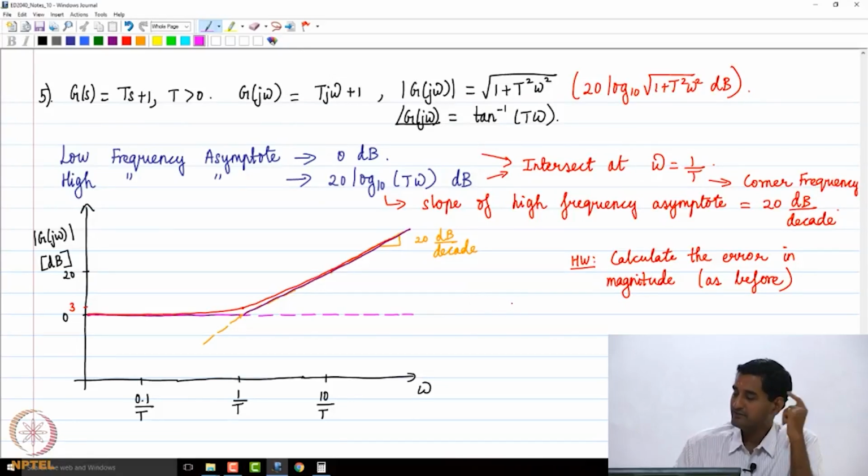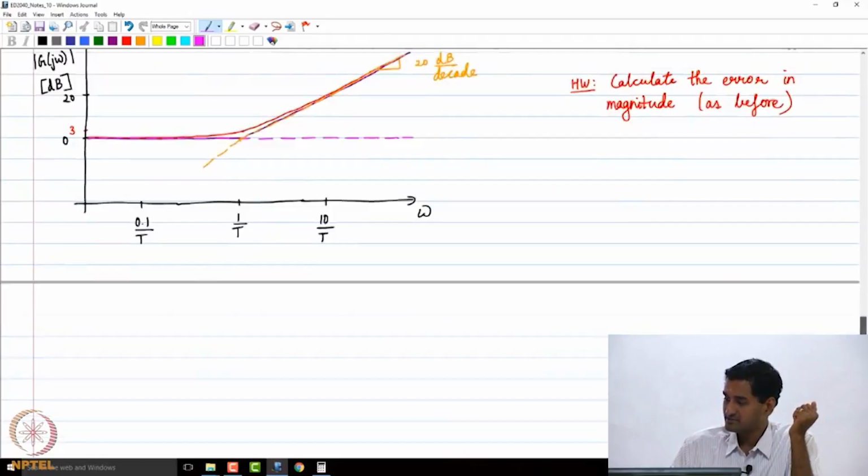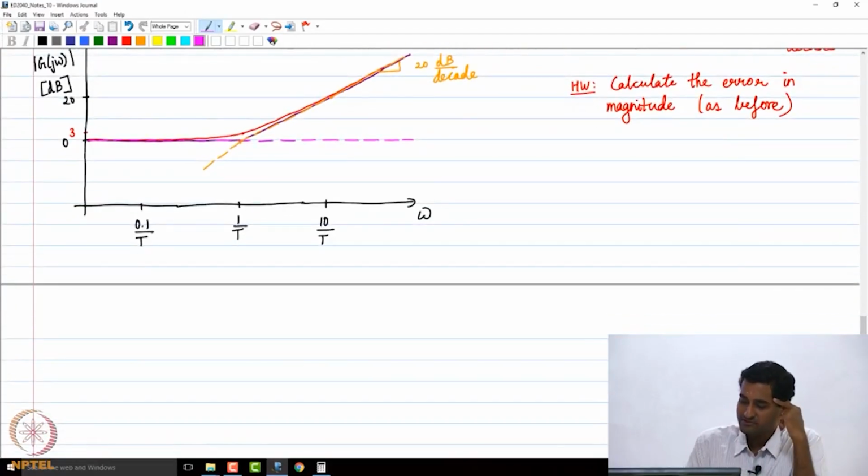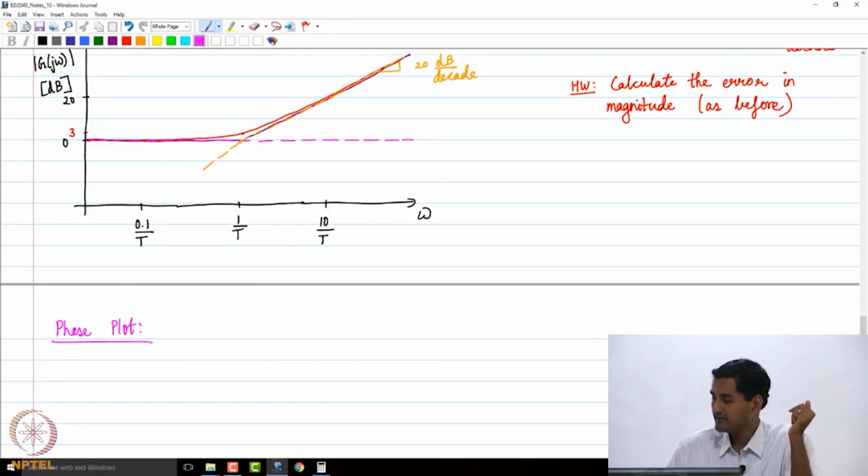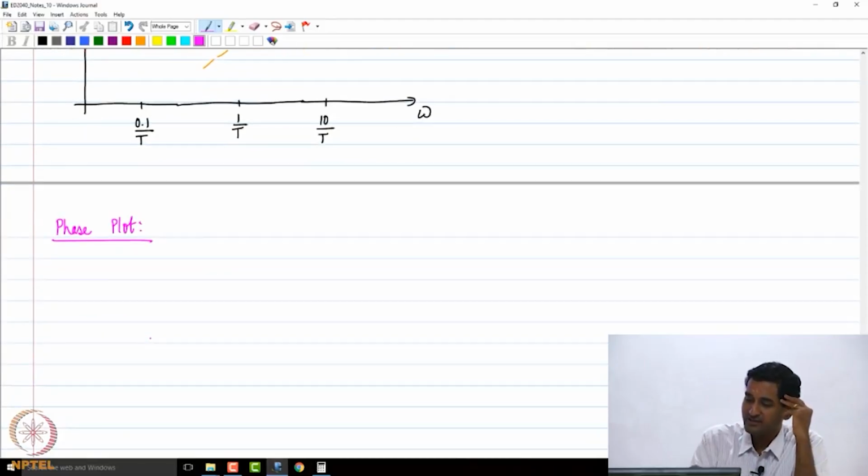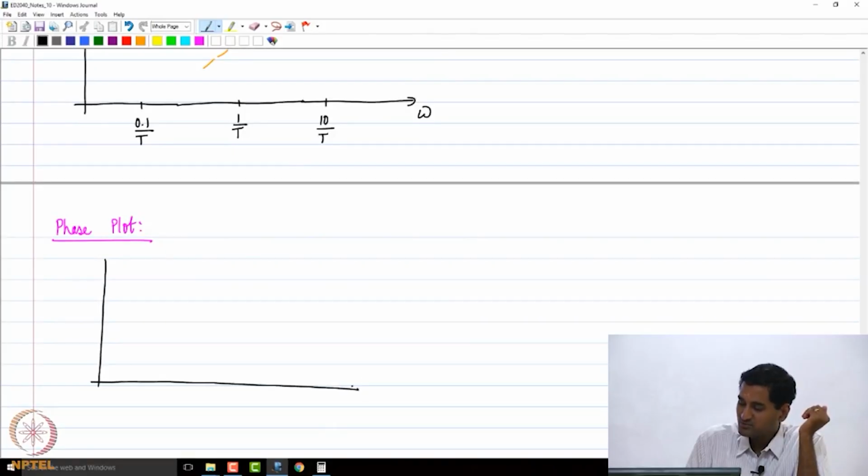Let me draw it in the next page, okay. So, what happens to the phase plot? So, once again it is going to be a reflection, right. So, what is going to happen? What would the phase tend to as omega tends to infinity?